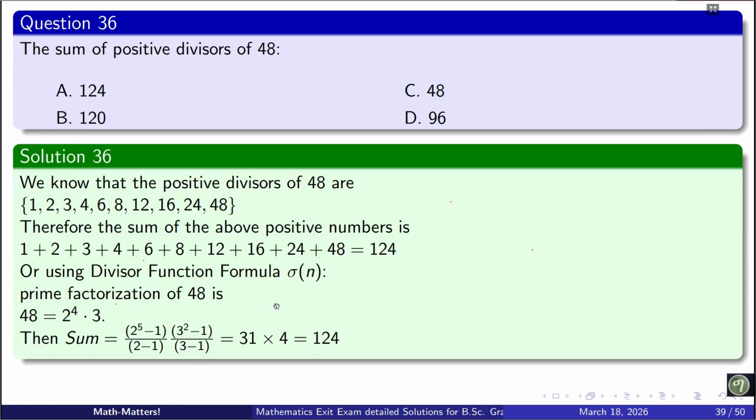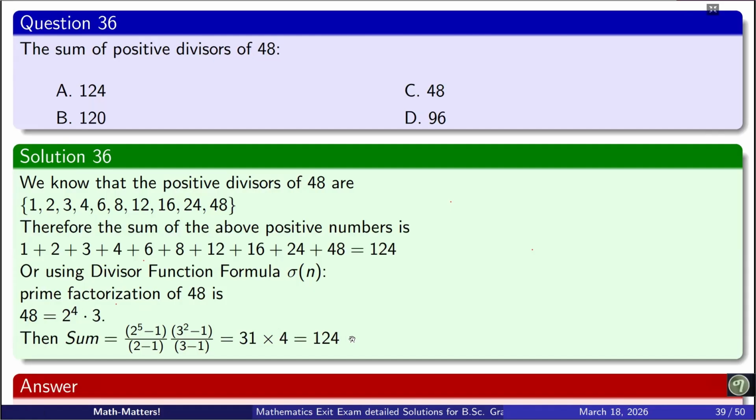So the sum is 2 to the power of (4 plus 1) minus 1 over 2 minus 1, times (3 squared minus 1) over (3 minus 1), because the exponent of the second prime factor of 48 is 1. That is equal to 31 times 4, which is 124. In both cases the answer is the same, 124. So the answer is A, which is 124.